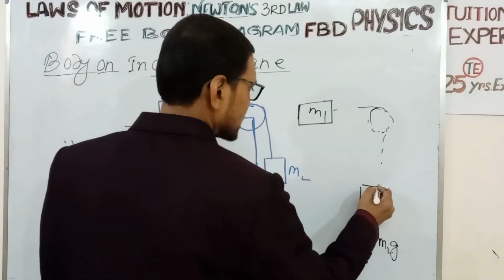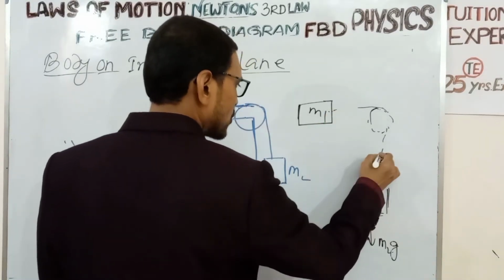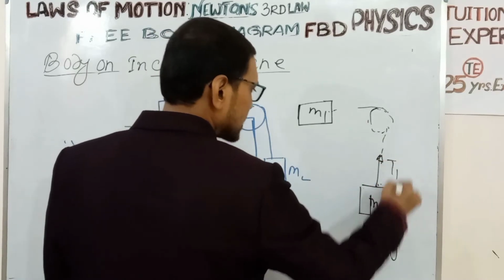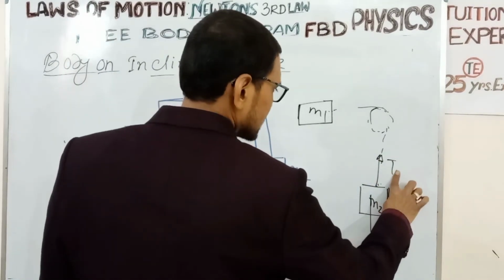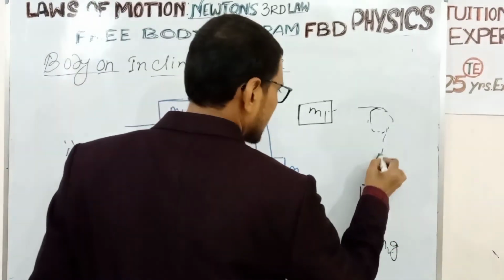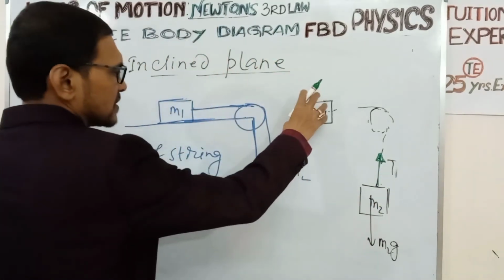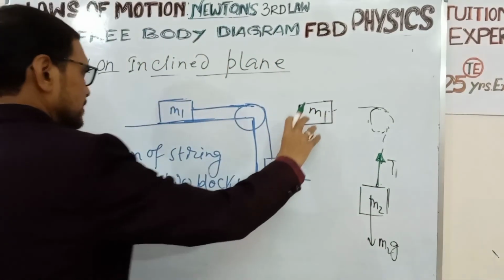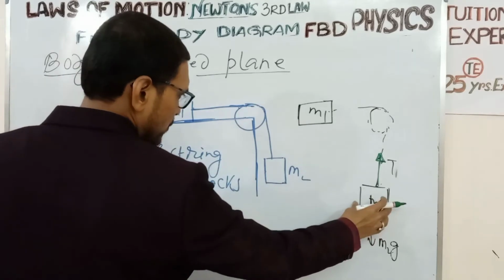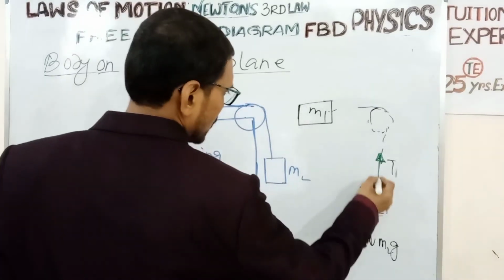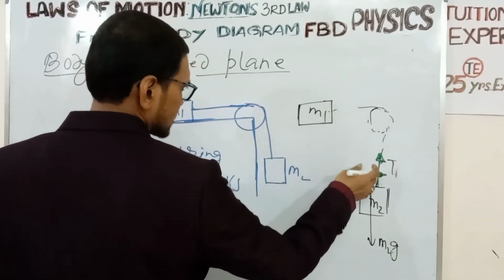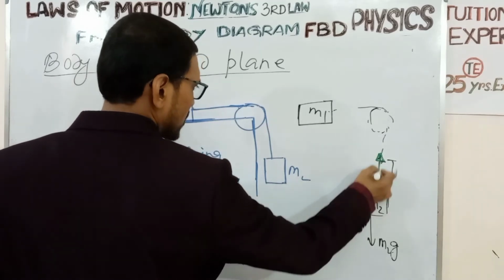Prevents means that M1 exerts the force by the rope upward. If this force is T, it acts upward, because M1 tries to prevent the motion of the block. So M1 acts with force by the string upward.